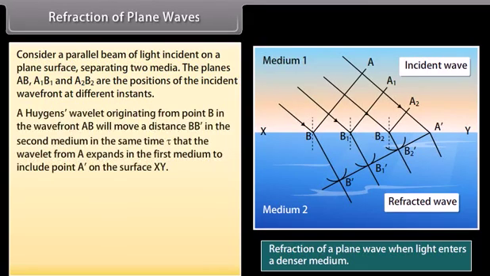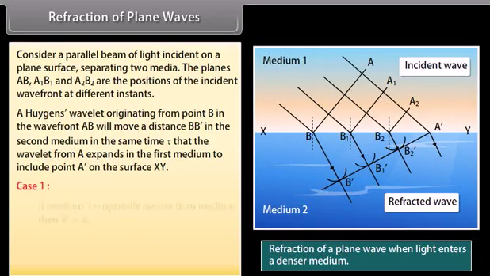A Huygens wavelet originating from point B in the wavefront AB will move a distance BB' in the second medium in the same time that the wavelet from A expands in the first medium to include point A' on the surface XY. Since the two wavelets have radii AA' and BB' not in the same medium, they move with different speeds, say V1 and V2 respectively.